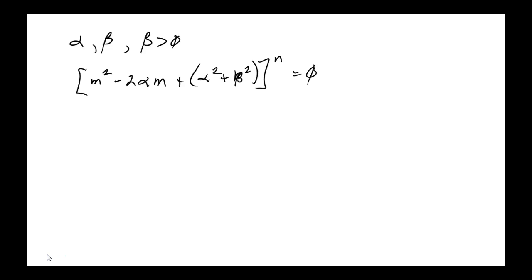We're expanding from one parameter, alpha, to two, and now the second one, beta, has to be greater than 0.